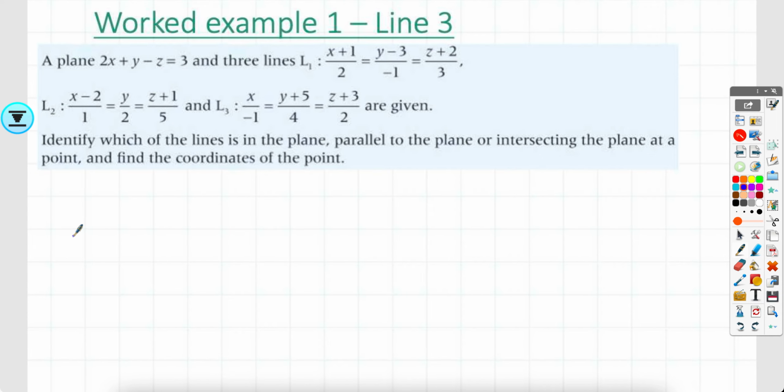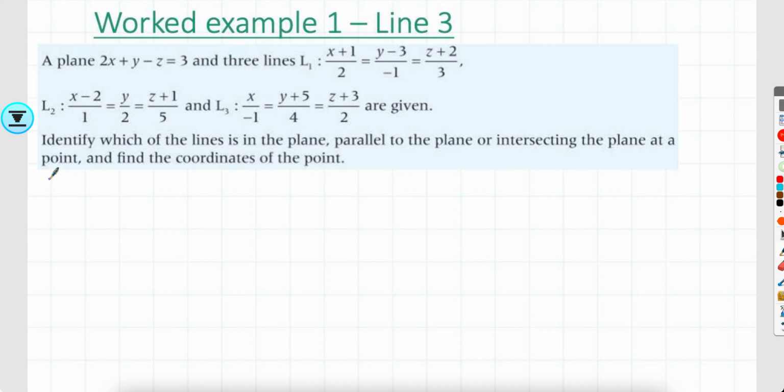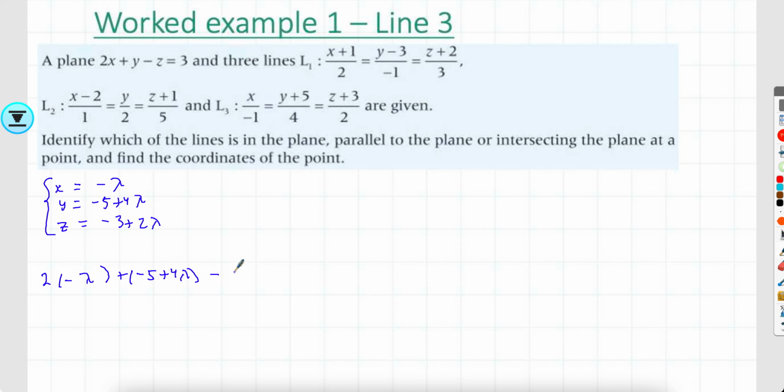And then for line 3, in parametric form, we have it as -lambda, -5 plus 4 lambda, and -3 plus 2 lambda. And then substituting in, I get -5 plus 4 lambda minus (-3 plus 2 lambda) equals 3.